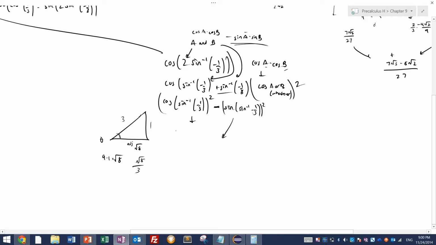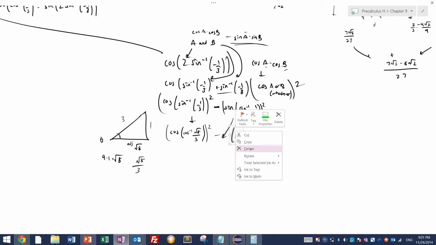And so that is going to leave us with cosine of arc cosine of root 8 over 3 squared minus sine, or let's go ahead and solve this too.